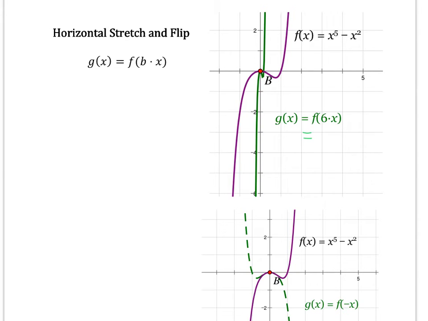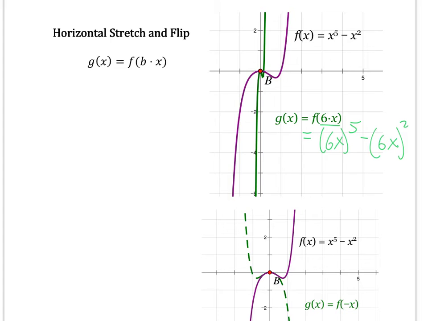So to find f of 6x, let's take the function, which is x to the fifth minus x squared, and everywhere there's an x, we're going to put 6x.